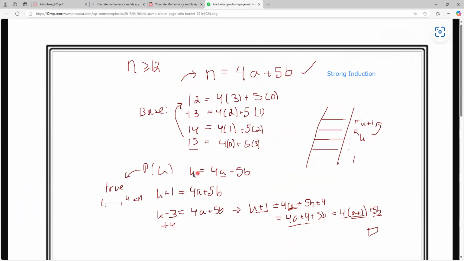Right here, instead of using k, you use k minus 3, because we know this is true for all numbers up to k, from 1 through k. So we use k minus 3, and thus it makes our lives a bit easier. Okay. Does anyone have any questions? Any questions at all?